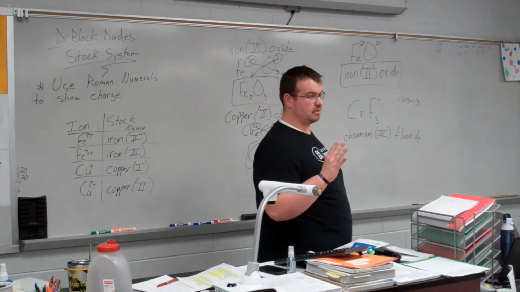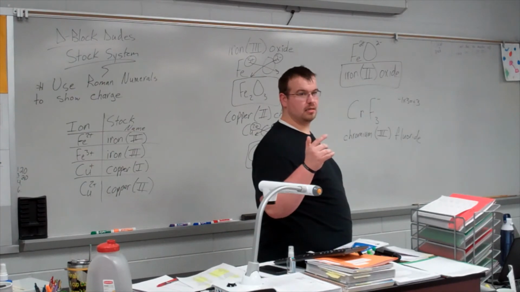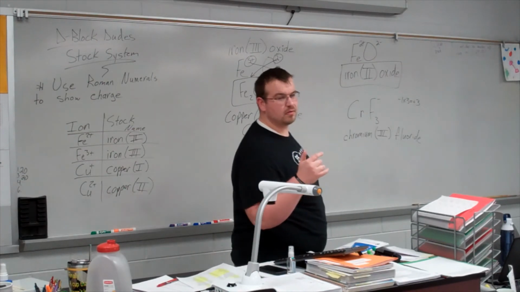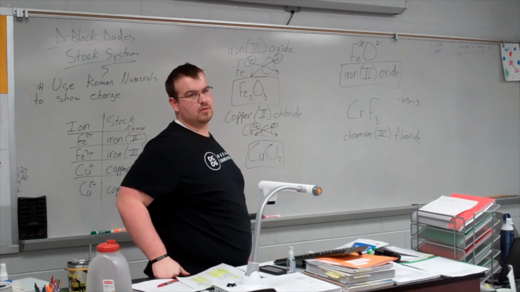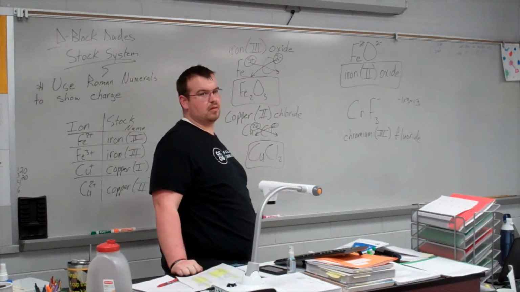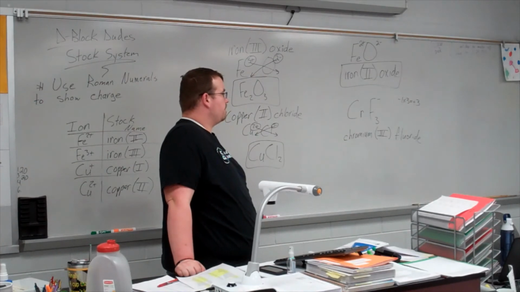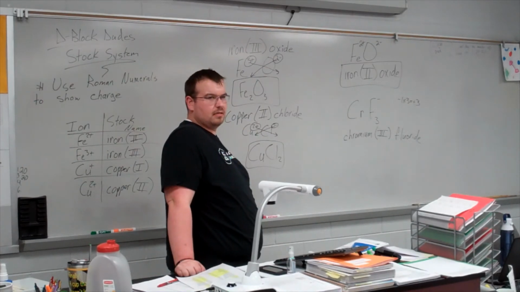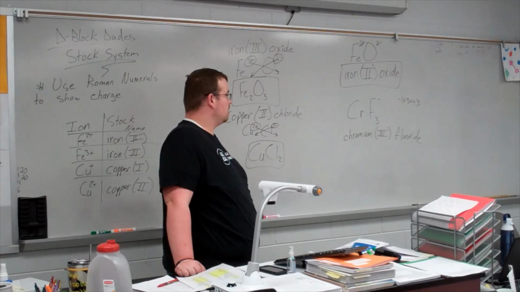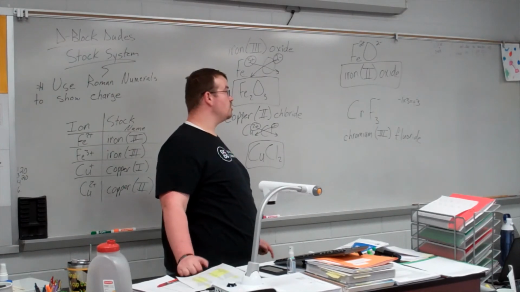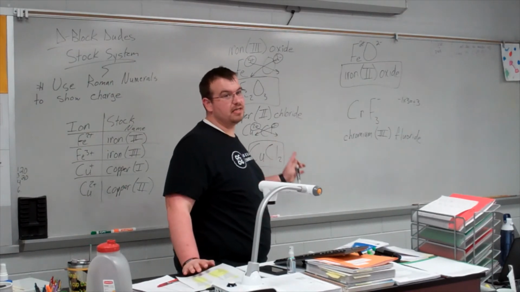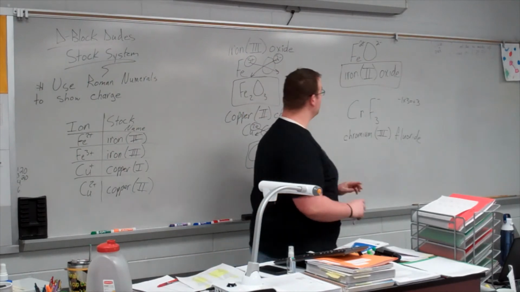Good question. Does the 3 go with the chromium, or do you do something different? What 3 are we talking about? Do you swap them back? You can in that case, but it doesn't always work. Like up here, it wouldn't have worked.